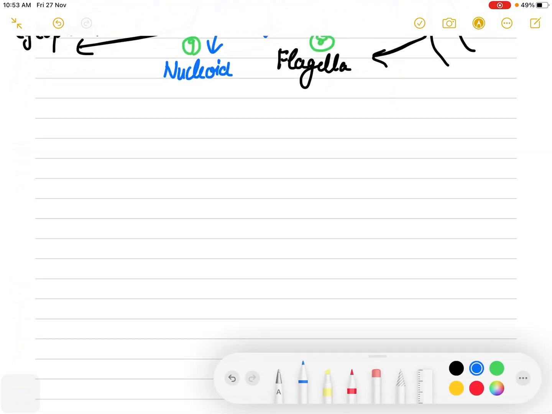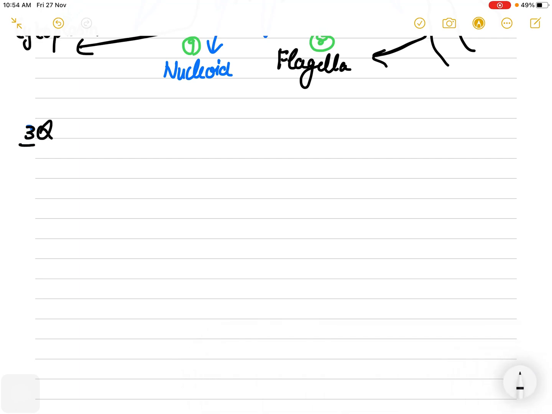The third question which I am taking now with you is to draw. These structures are very simple, and you can very easily draw them during the exam.